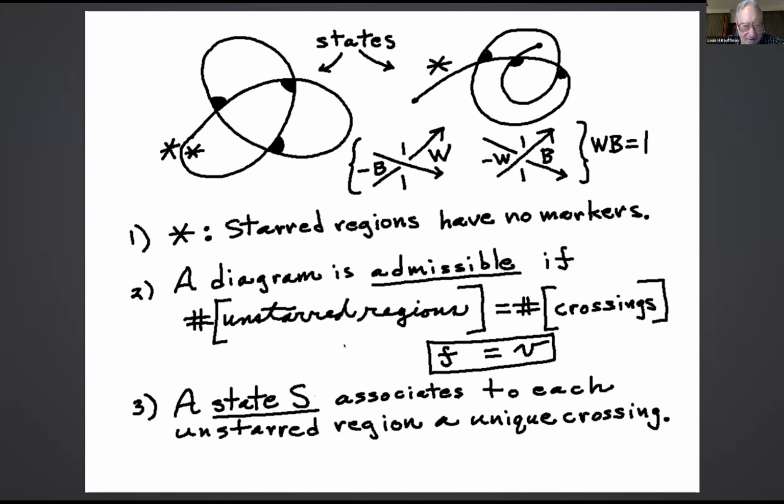Okay, fine. So let's say that a diagram is admissible if the number of unstarred regions is equal to the number of crossings. That, of course, is what I want in order to have states. A diagram is admissible if it has states.